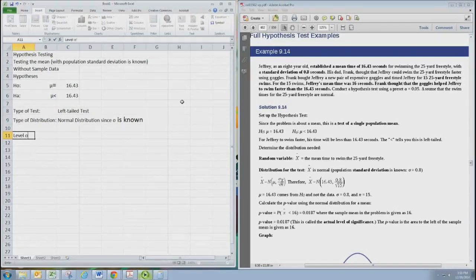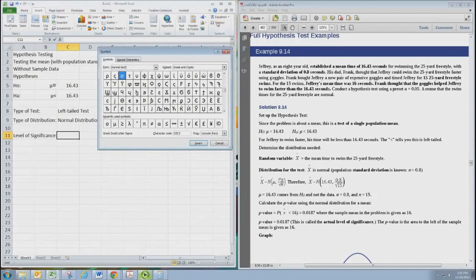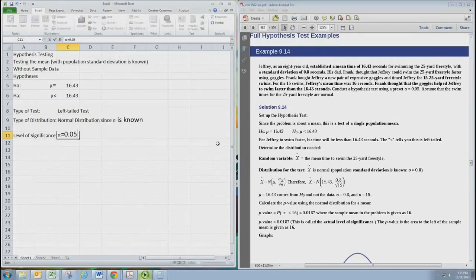Next we're going to state our level of significance. We know that's represented by the lowercase Greek letter alpha. And we're told that that is 0.05.